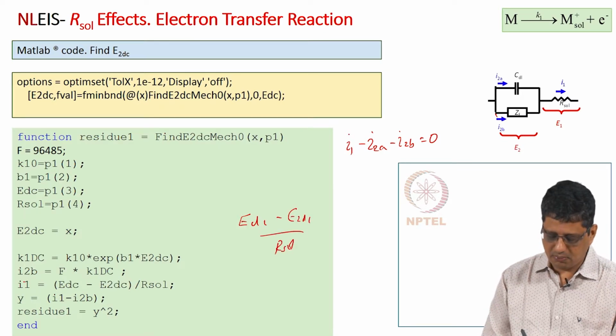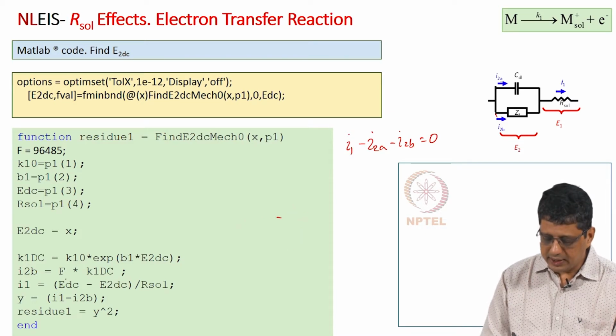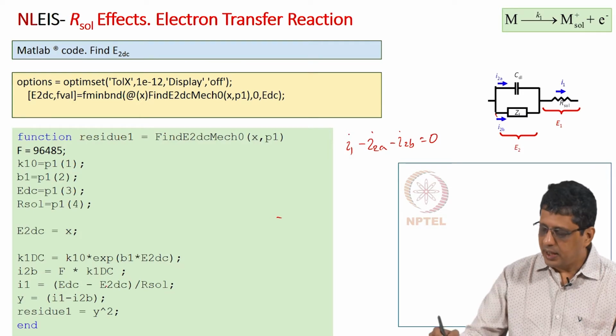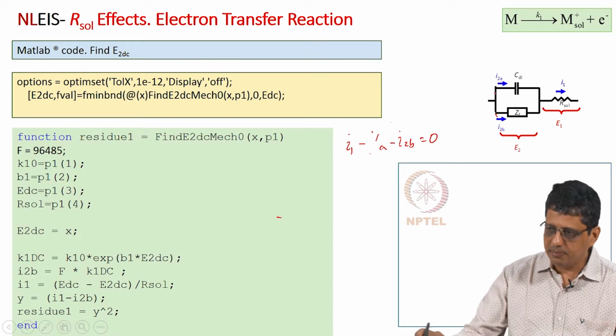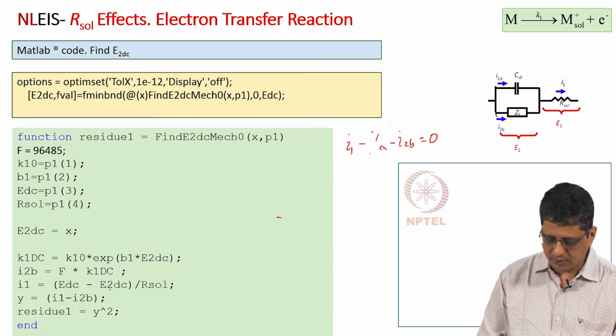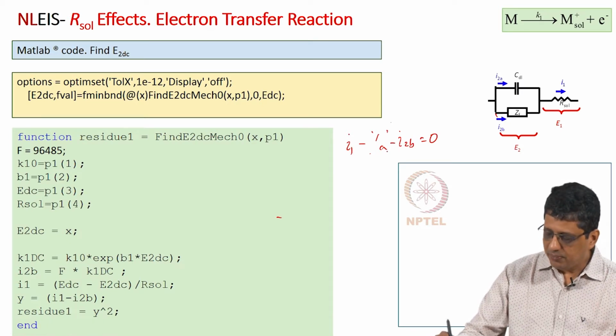I2B, the Faradaic current, is F K1 DC, and I2A is 0 because when you apply a DC potential no current passes through the double layer capacitance. Ideally this should be 0, I2B.